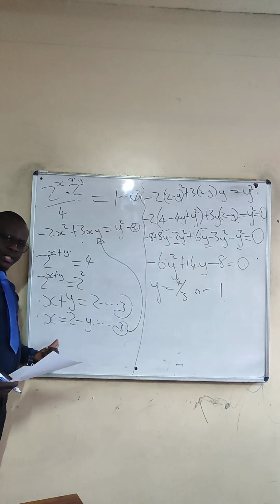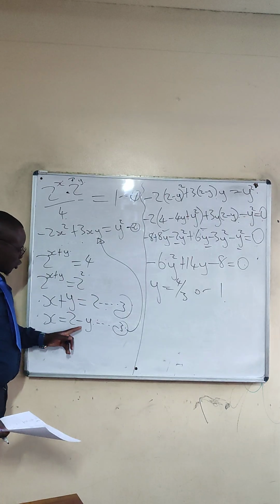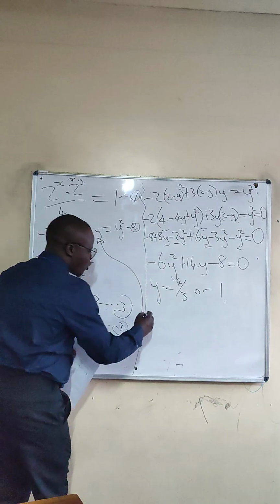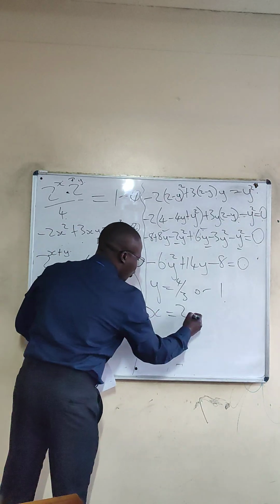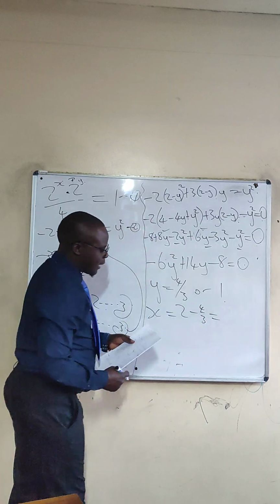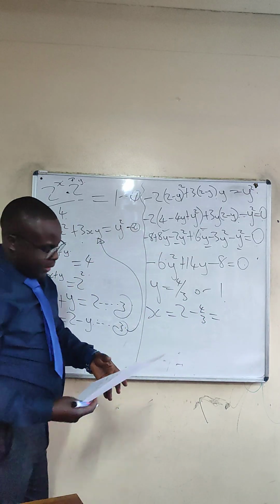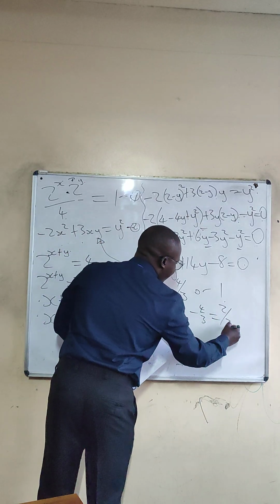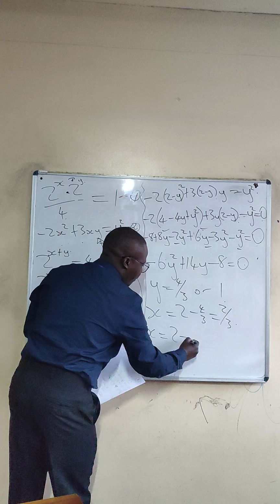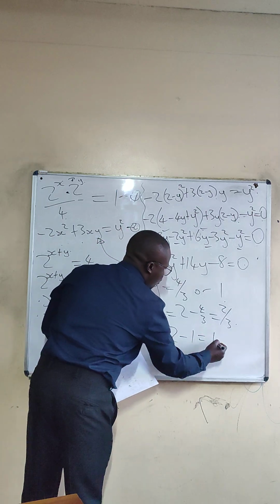We come back to this equation 3. Substitute y in the position of y to solve for the other x values. So x is going to be equal to 2 minus your first value of y, 4 over 3. 2 subtract 4 over 3 on the calculator is going to give you 2 over 3. On the other side, x is going to be equal to 2 minus 1, which is equal to 1.